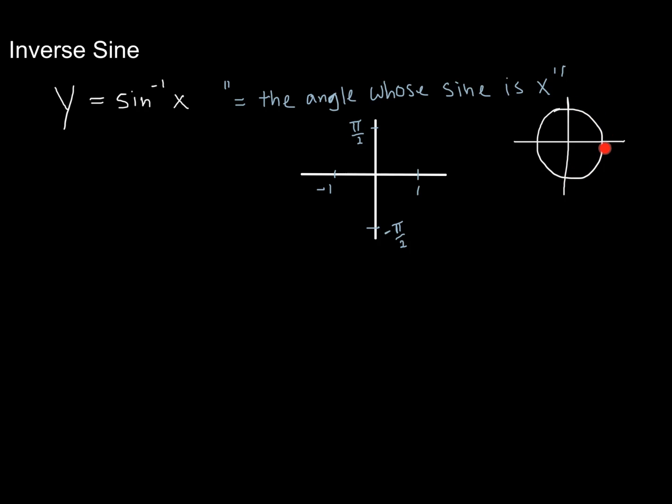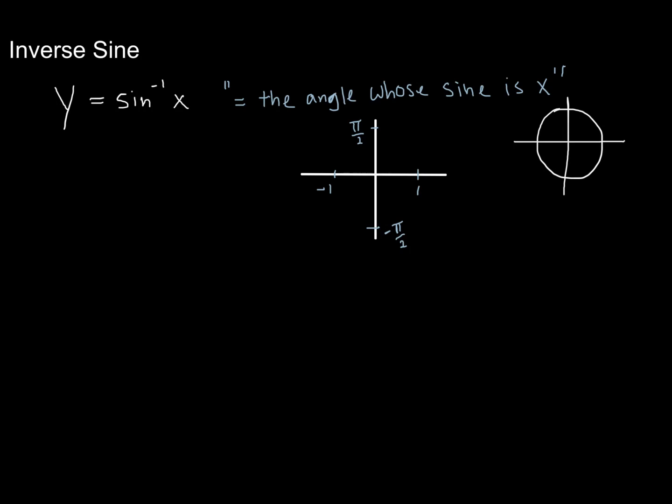Here you'll get all the negative y-coordinates, here you'll get all the positive y-coordinates. So the inverse sine we only need to define for inputs between negative 1 and positive 1, because all the possible values that sine could have are from negative 1 to positive 1. That's why we only need to graph it from negative 1 to positive 1.